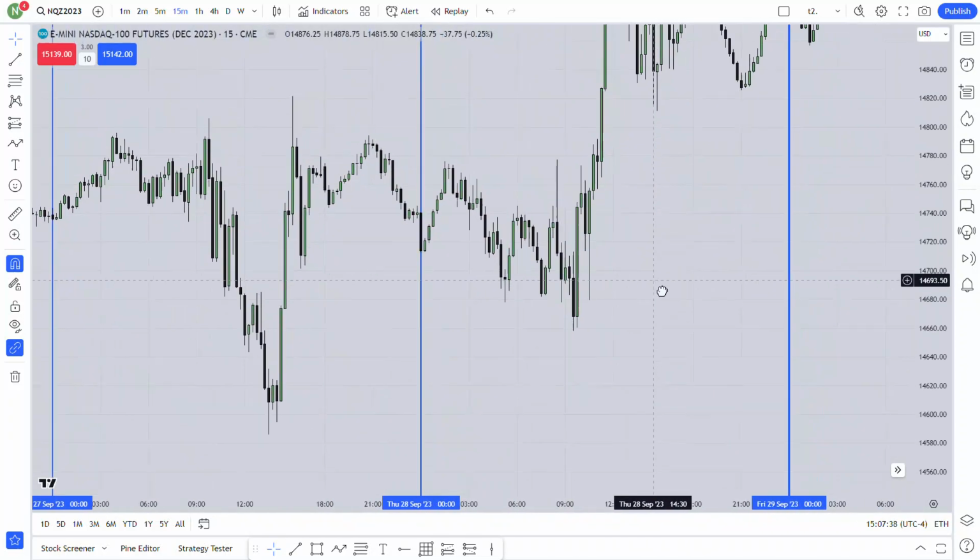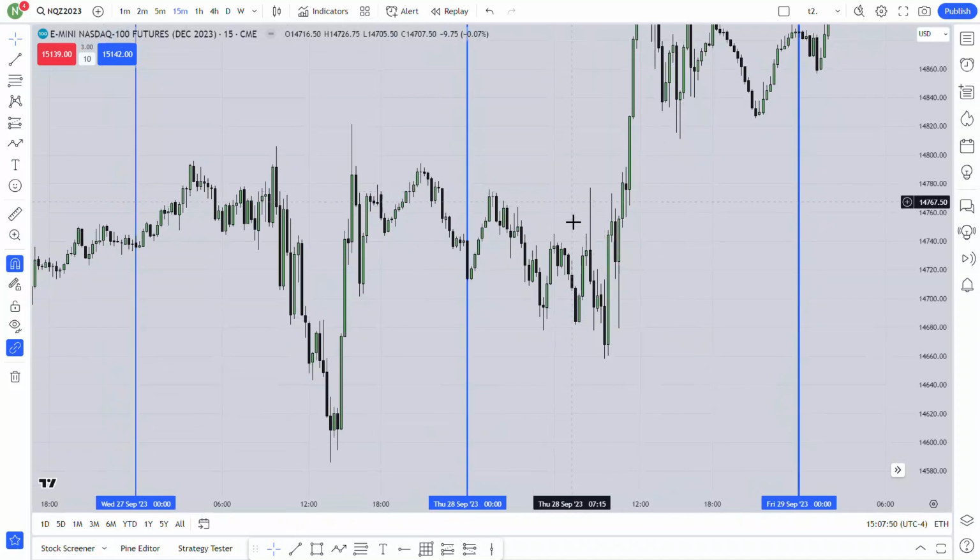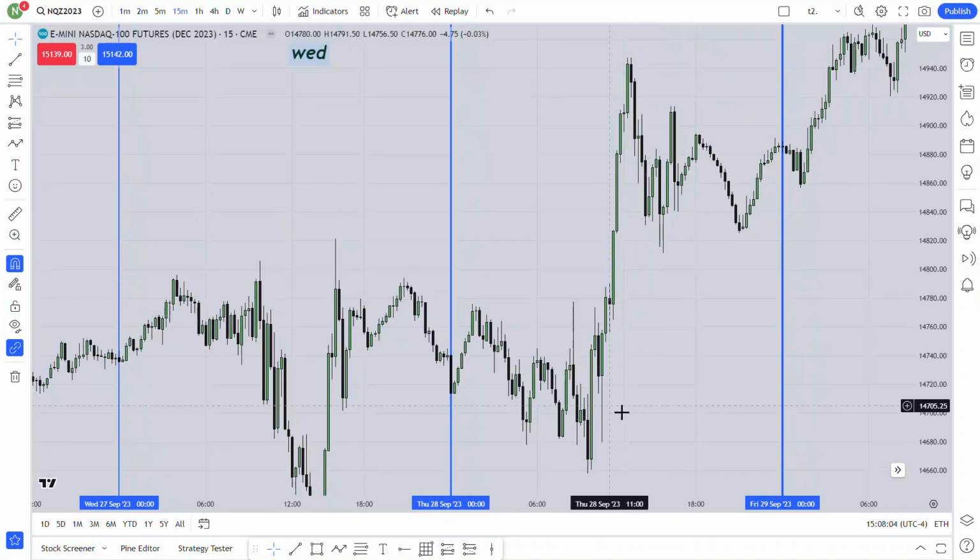Now look at the Thursday price action. What did Thursday price do? It was actually a continuation of the distribution on Thursday. So when you opened at 9:30, what did you see? It went a little bit lower, and after 9:30, where is 9:30? Here is 9:30. You see this is the run.